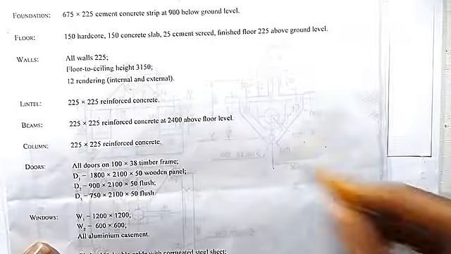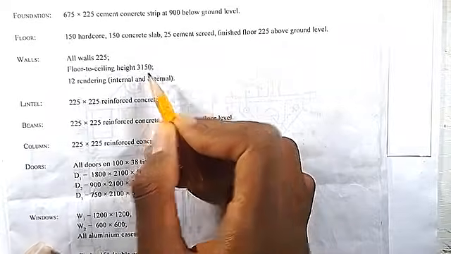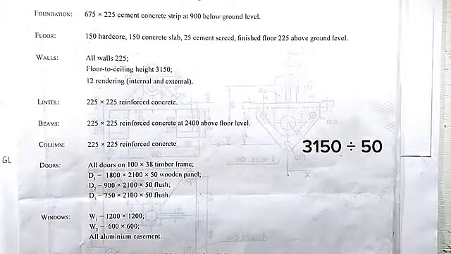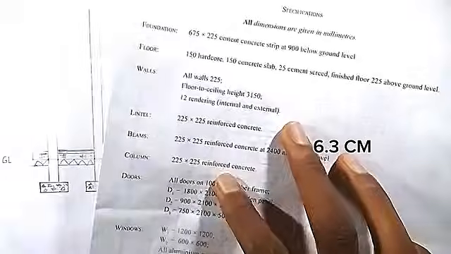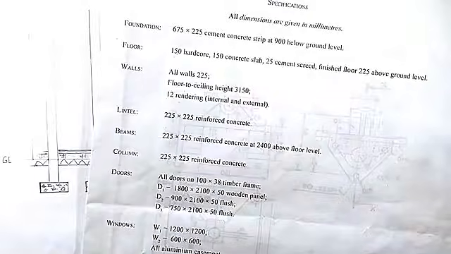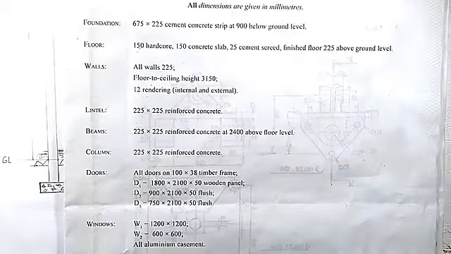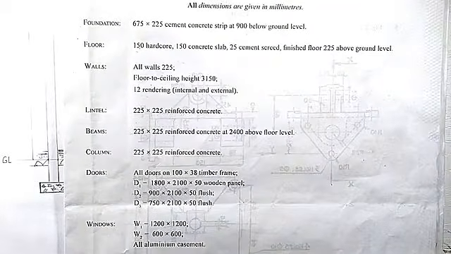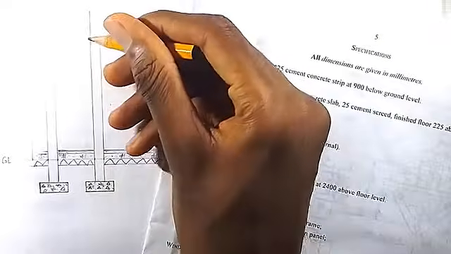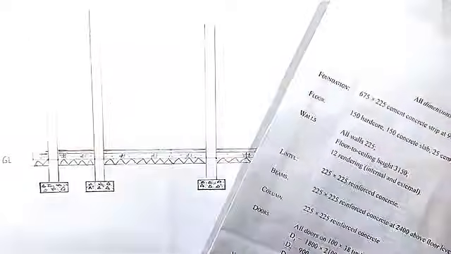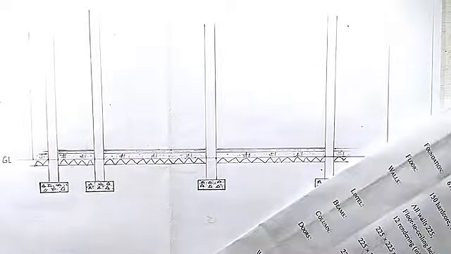Ceiling height, we have 3,150. So 3,150 divided by 50 gives us 63, approximately 6.3. Then we'll convert to centimeter, 6.3 cm. That's for the floor to ceiling height. So from the floor level, we mark 6.3 cm upwards. Then we draw the floor to ceiling height.